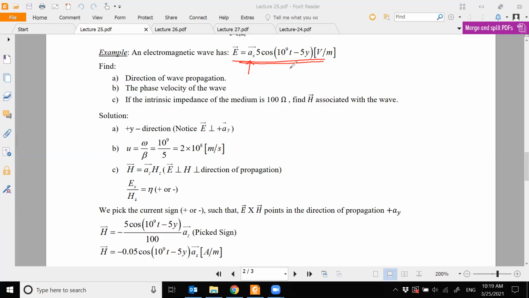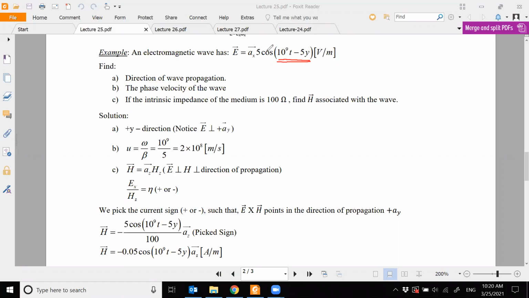Can you tell me what is the direction of propagation here? Look at the argument of the cosine. Are you there?